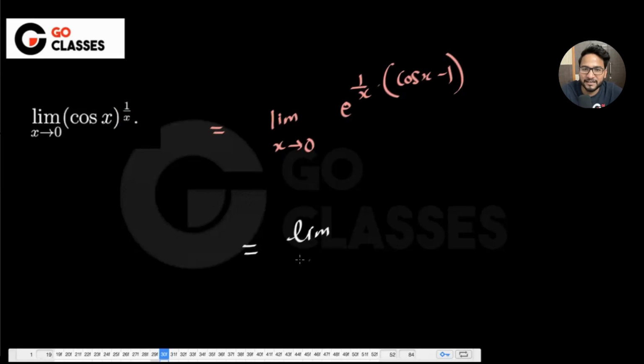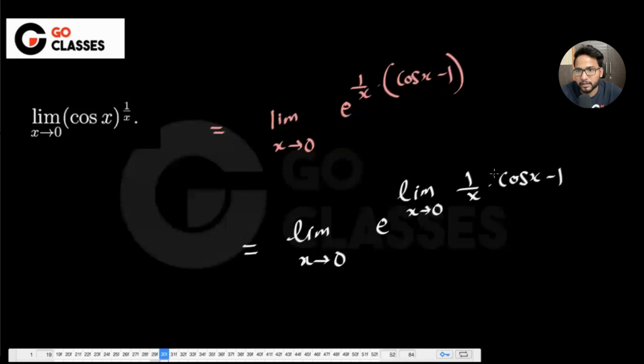So limit x tends to 0. Now what you can do, you can take this limit inside, which means e power limit x tends to 0, 1 upon x into cos x minus 1, right? And now you can observe that if you put x equal to 0, this is 0 upon 0.